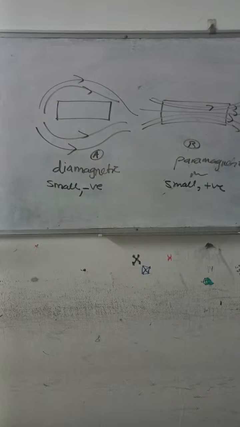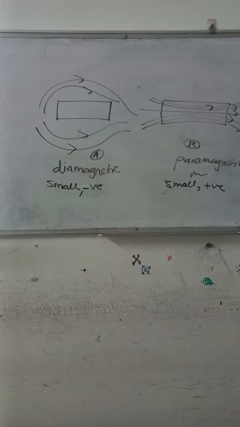Write down the next question. A bar magnet has magnetic dipole moment M bar. Its initial position is parallel to the direction of a uniform magnetic field B bar.